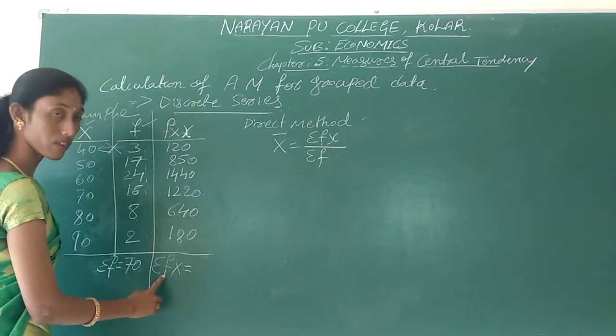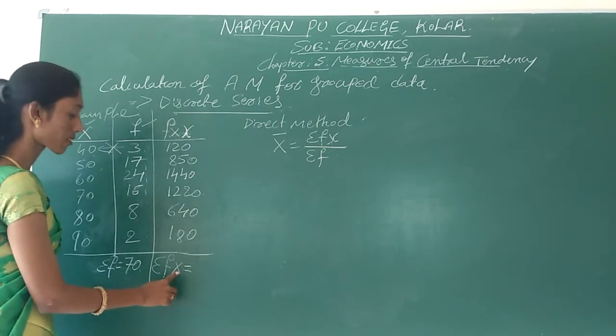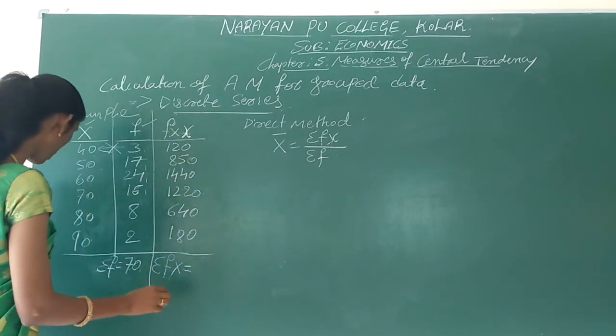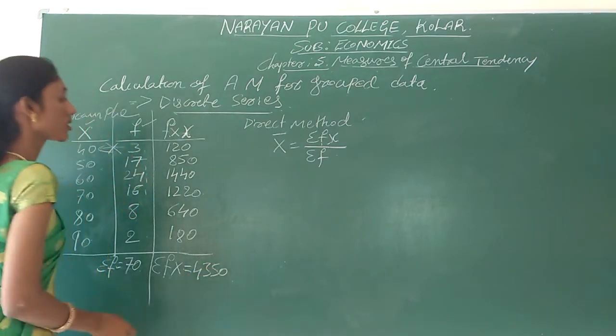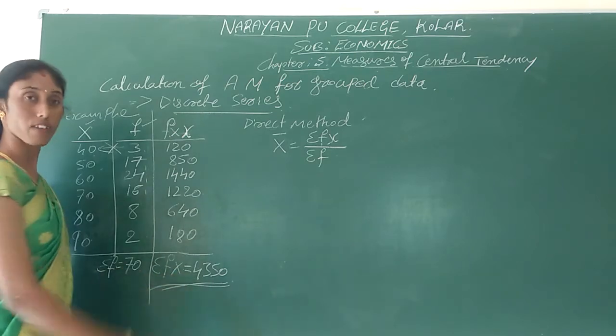Now just use the calculator and add all these values. We will get 4350. This is sigma fx.